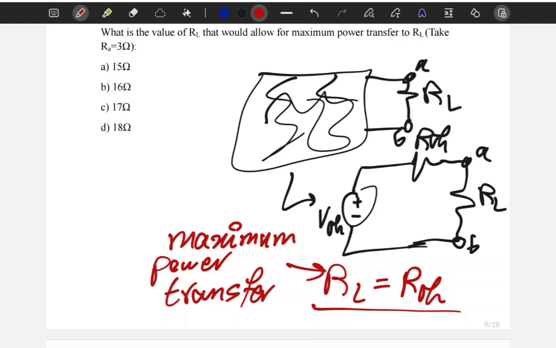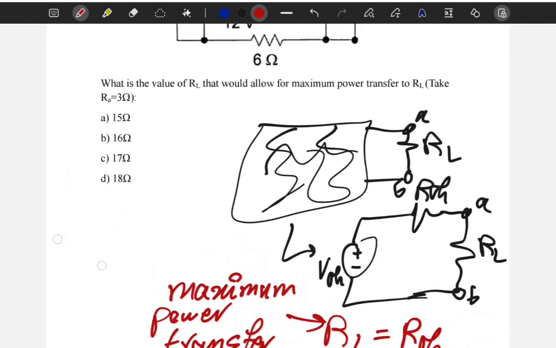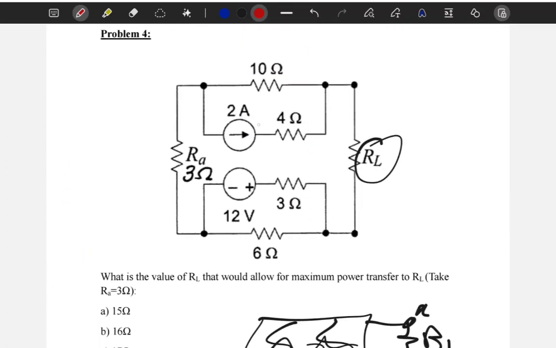So to find the value of RL, we need R Thevenin. We don't need V Thevenin in the case that we don't have dependent sources. Let's see here. I have an independent source, and I have this source here, also independent. I don't have a dependent source, which is amazing because I can deactivate the sources and find R equivalent, which is exactly R Thevenin.